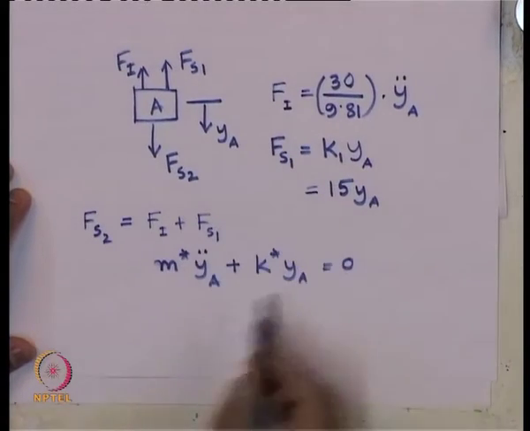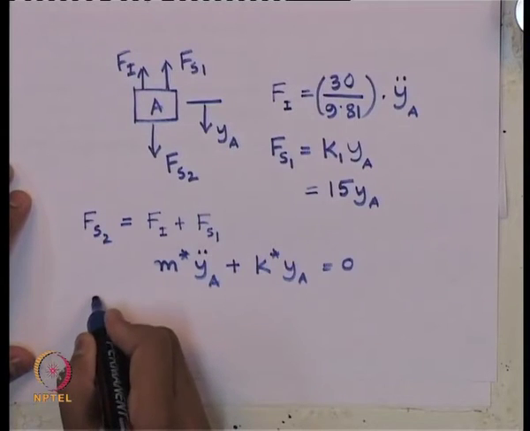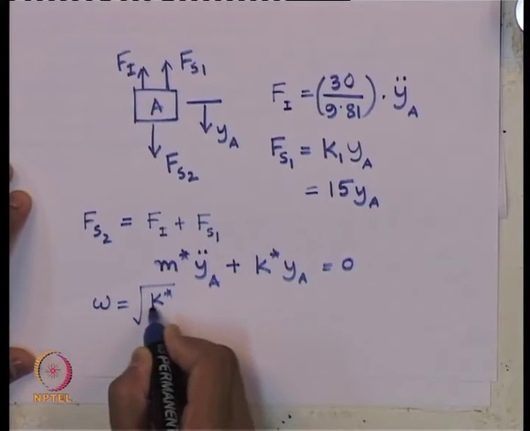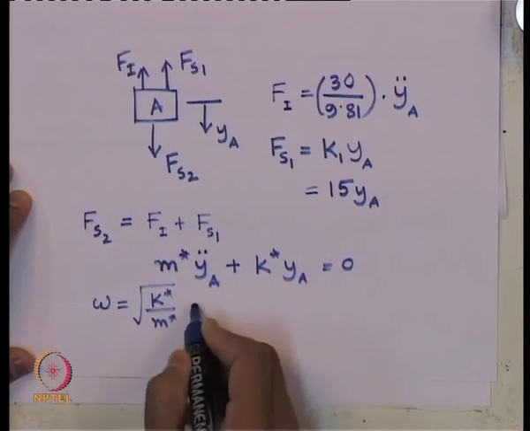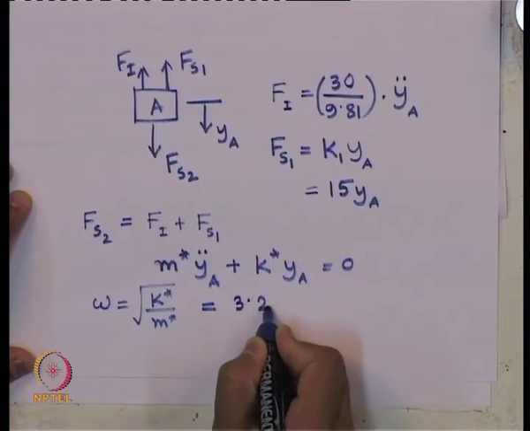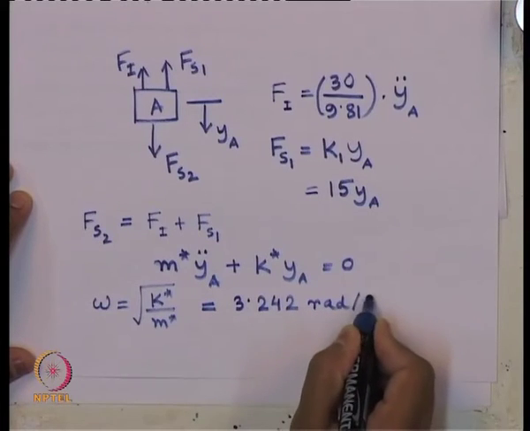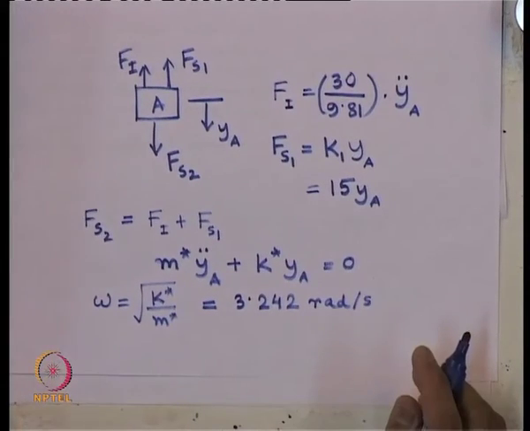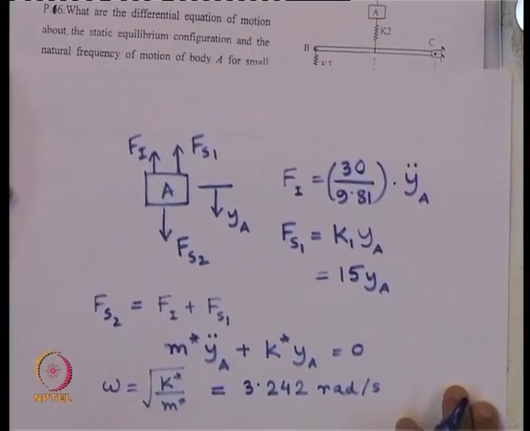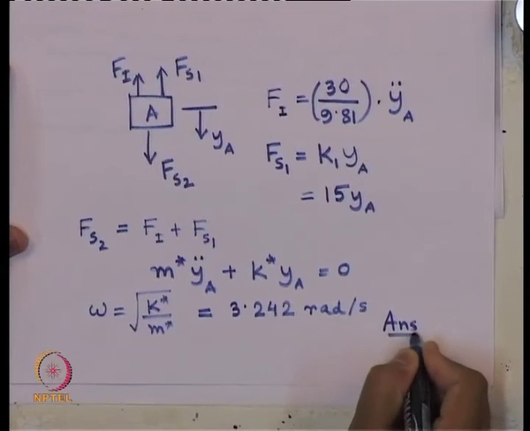Now, if you put all the values of these known parameters here, we will get the natural frequency as root over k star by m star, which if you compute, you will get 3.242 radian per second. So, that is the answer. It was asked what is the natural frequency of motion for the system. So, this is our answer.